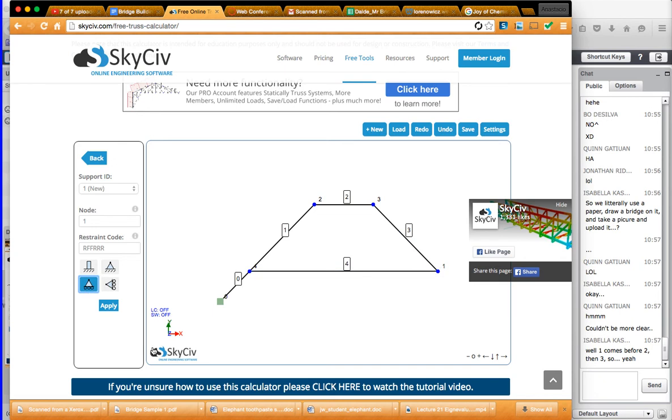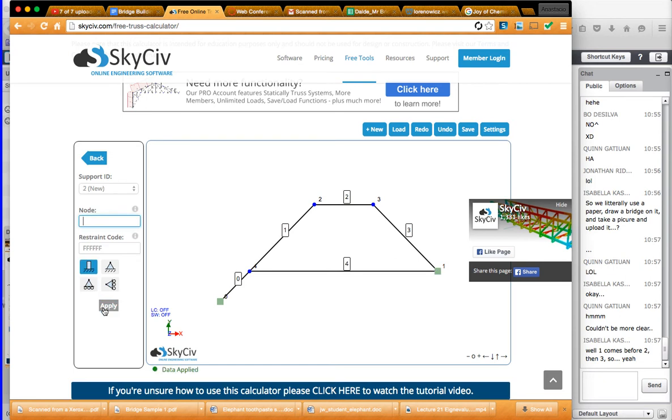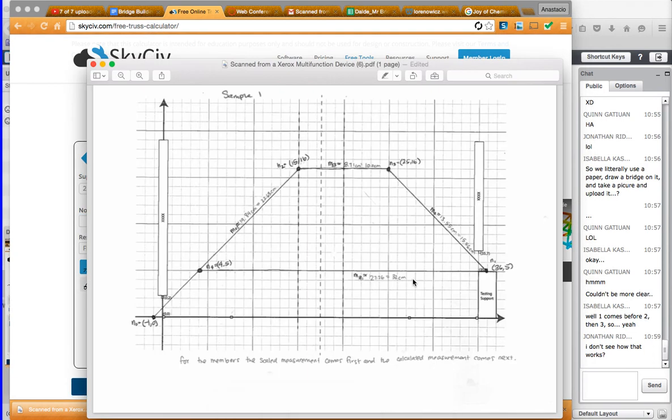Are we going to have that when we do the real competition? Yes, in the real competition, this testing block on the right-hand side is best modeled by a roller support. And this one is best modeled by a hinge support. So that's why I'm telling you to use those.